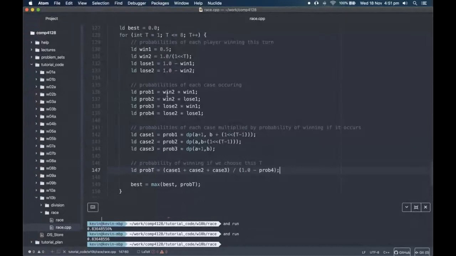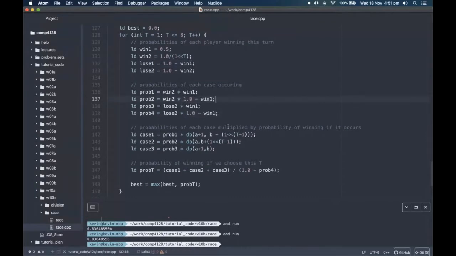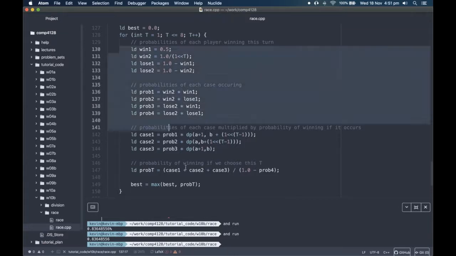For example, I didn't need to have a variable for lose one. I could have just replaced all lose one with 1.0 minus win one, and it would have been exactly the same. But the reason I did this is because it makes the equation much nicer to read. It splits it off into very readable chunks, and this will also help you with debugging.